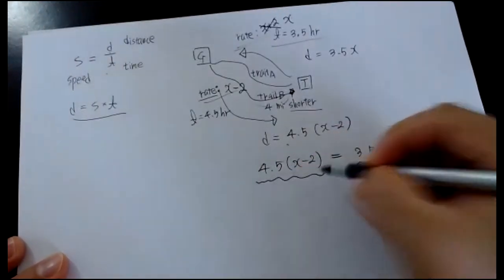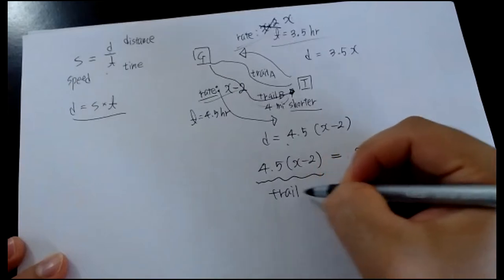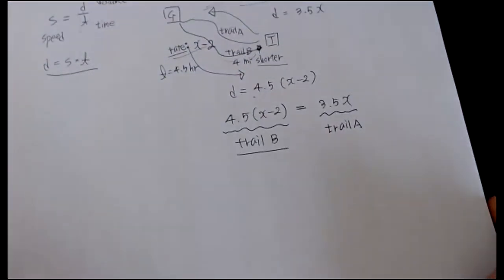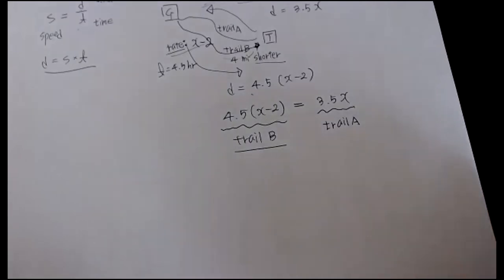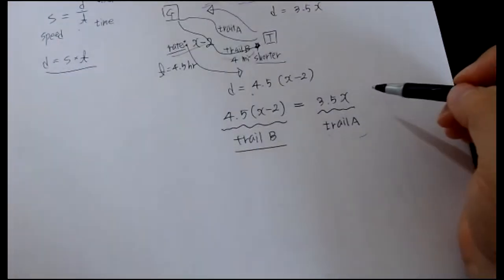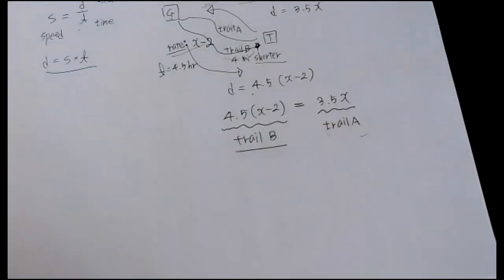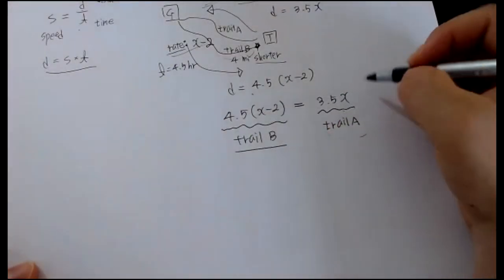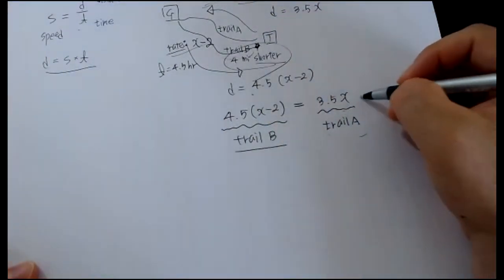This is trail B. Trail B is the trail they use when they come back, and trail A is the trail used when they come up. Okay, so now this is equal to this one. 4 miles shorter means that minus 4.